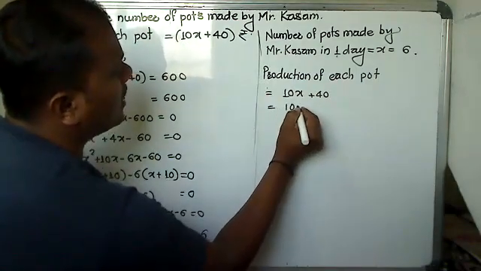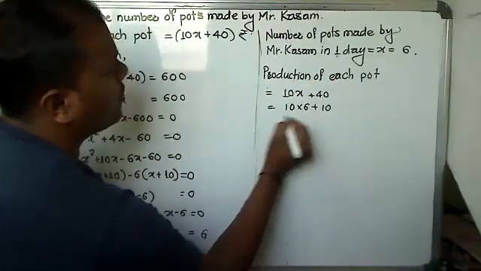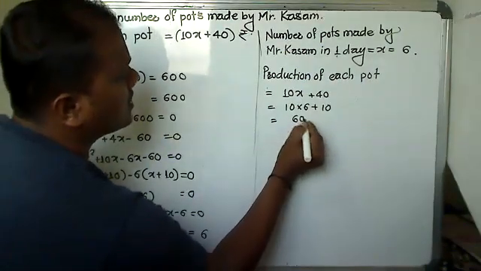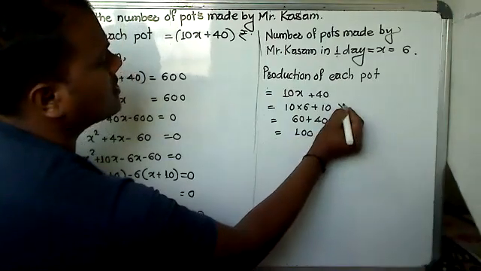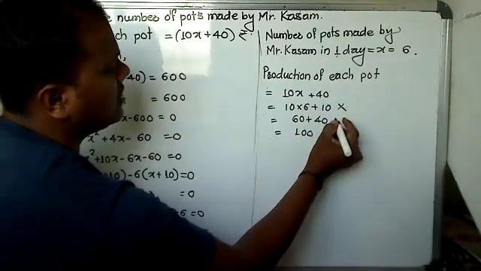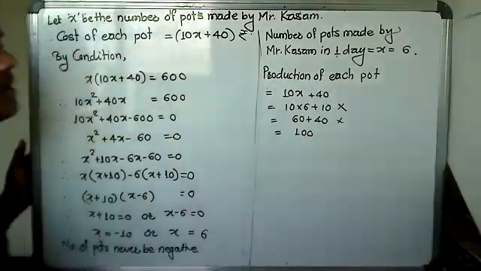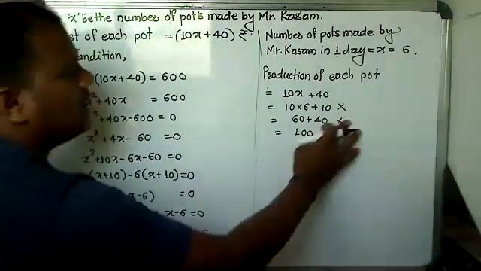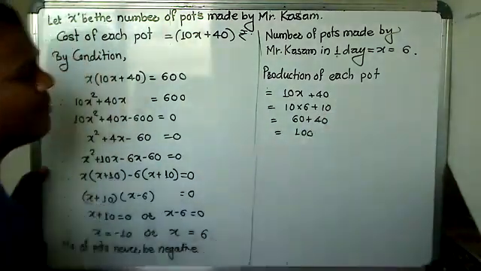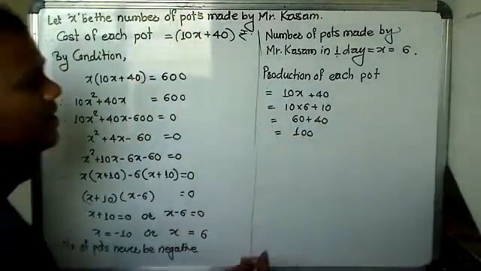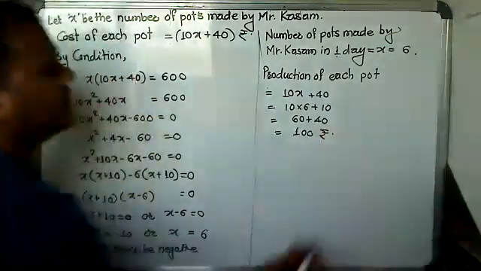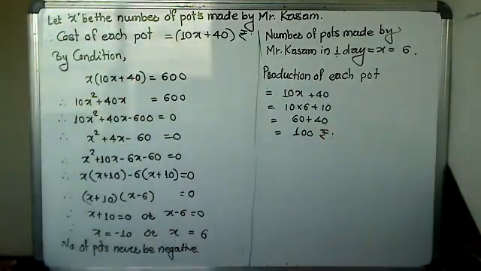So therefore 10 into 6 plus 40 is equal to 60 plus 40, which is equal to 100. These two points are not necessary to write. You can write it directly. But I have written here that the production cost of each pot is 100 rupees. So I hope you understood the example.